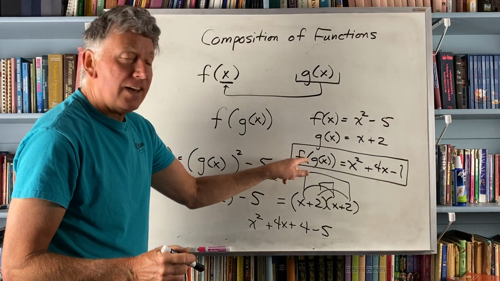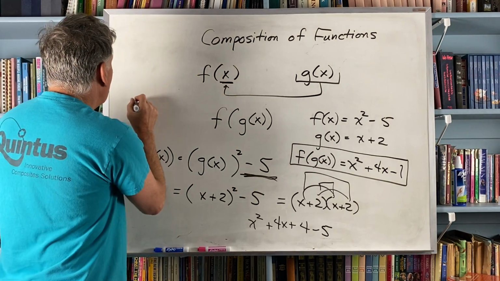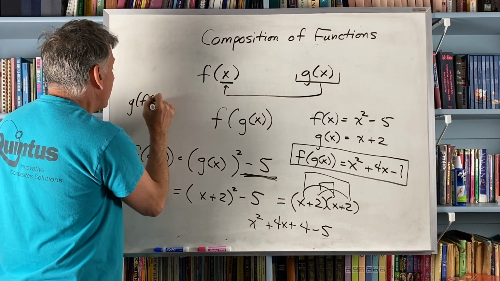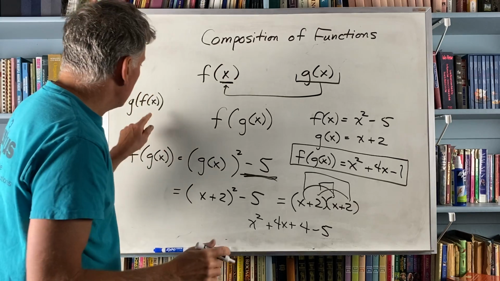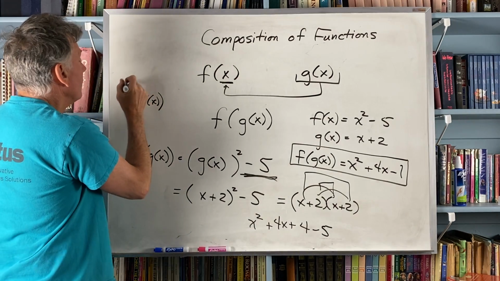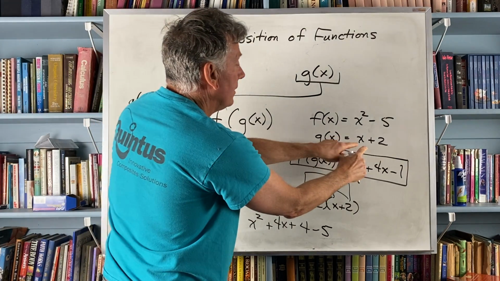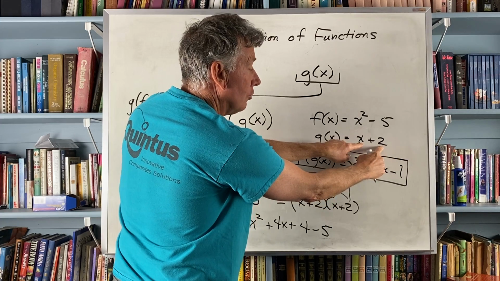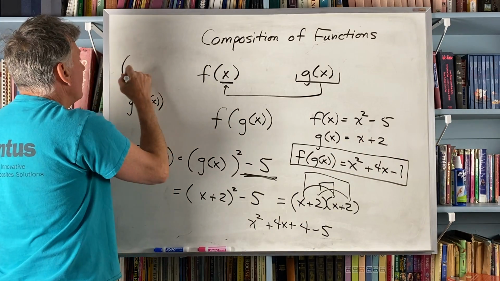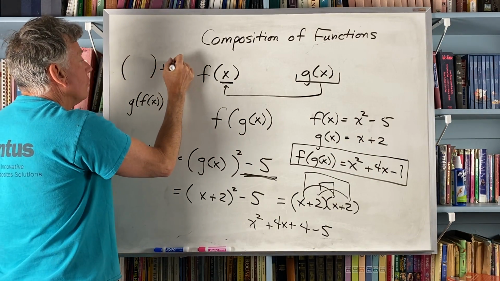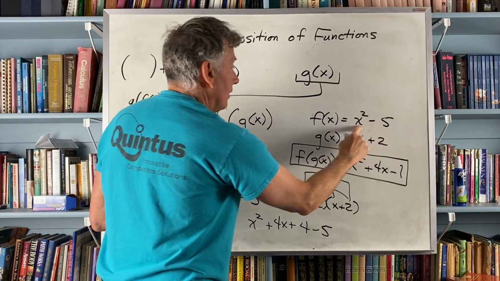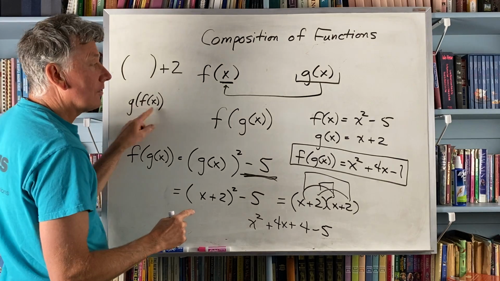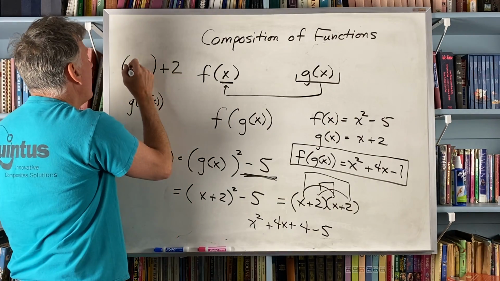You will find that f of g of x and g of f of x, you can do both of them, but they're going to be different. g of f of x is where I take x and I add 2 to it. So I'm going to take something and add 2, but that something is f of x, which is x squared minus 5.